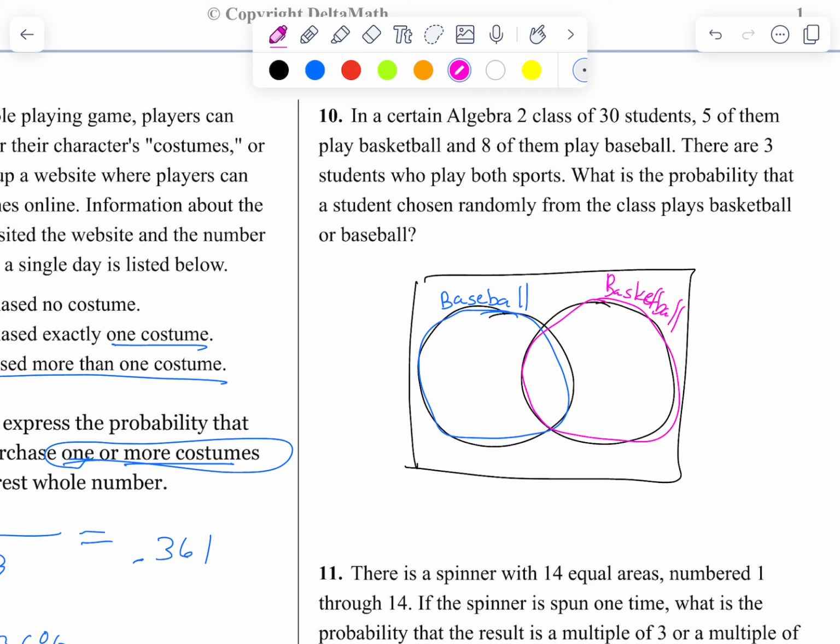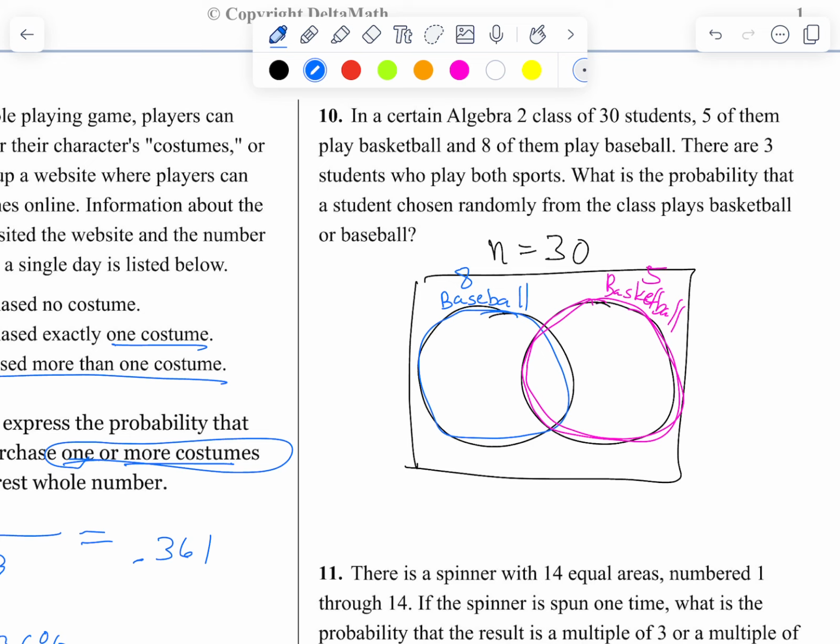So there's a total of 30 people. So on the outside, I'm sorry, n equals 30. So I know that everything inside that square total has to add up to 30. 5 total people play basketball, so this whole circle that's in pink has to add up to 5. And then the ones that play baseball have to add up to 8.